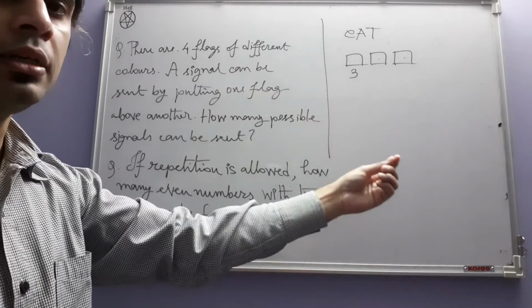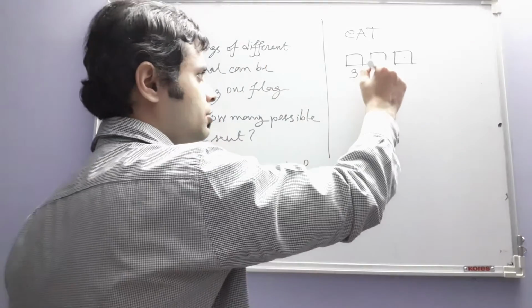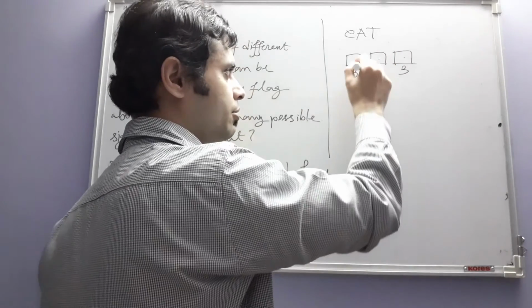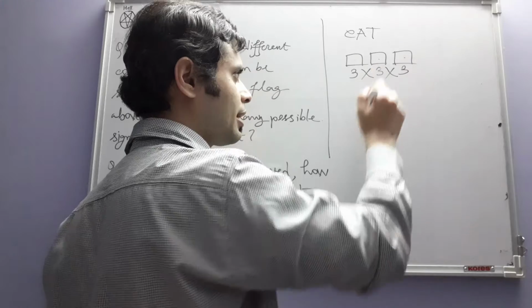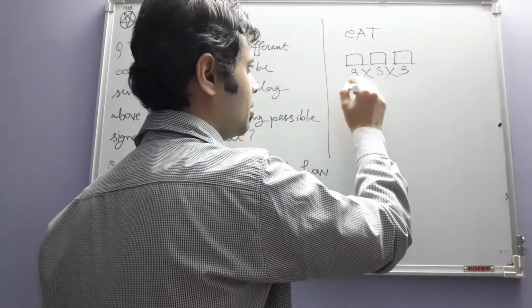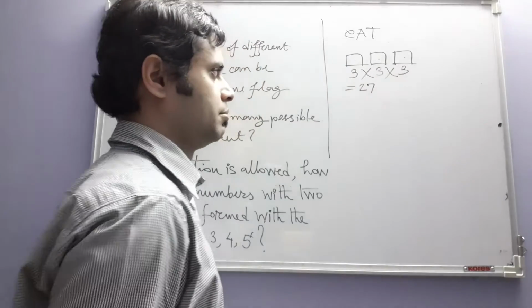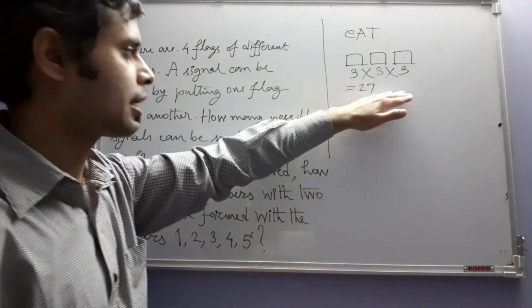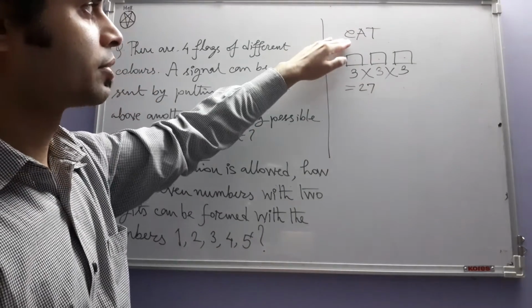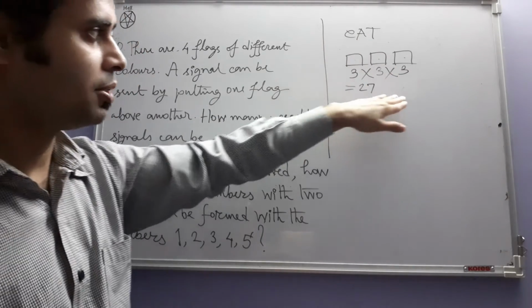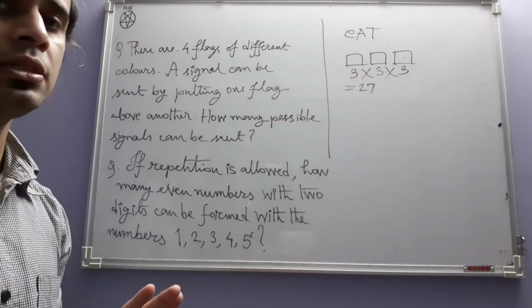Letters can be repeated, that is allowed. So 3, and again for the third one also I have 3. So in this case, instead of 6, I get more, namely 27 of them. See, this has increased so much. It used to be 6, but since repetition is allowed, we now have 27.